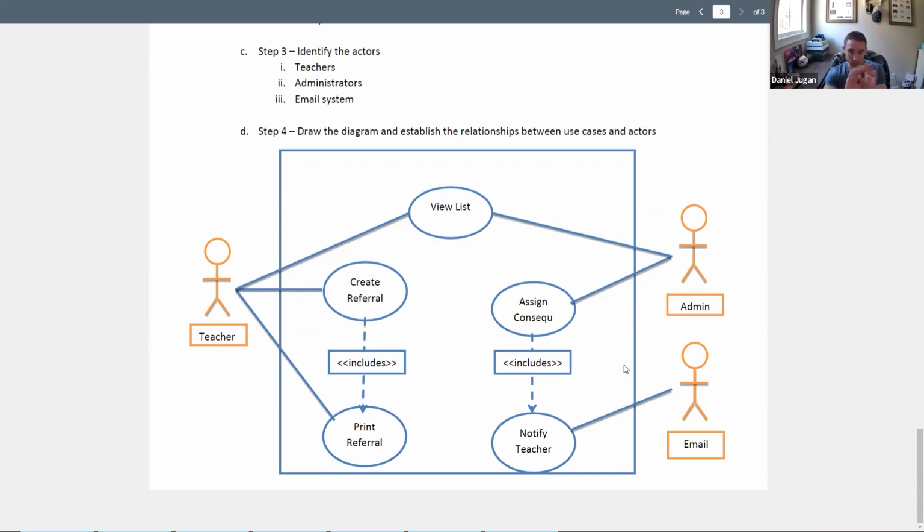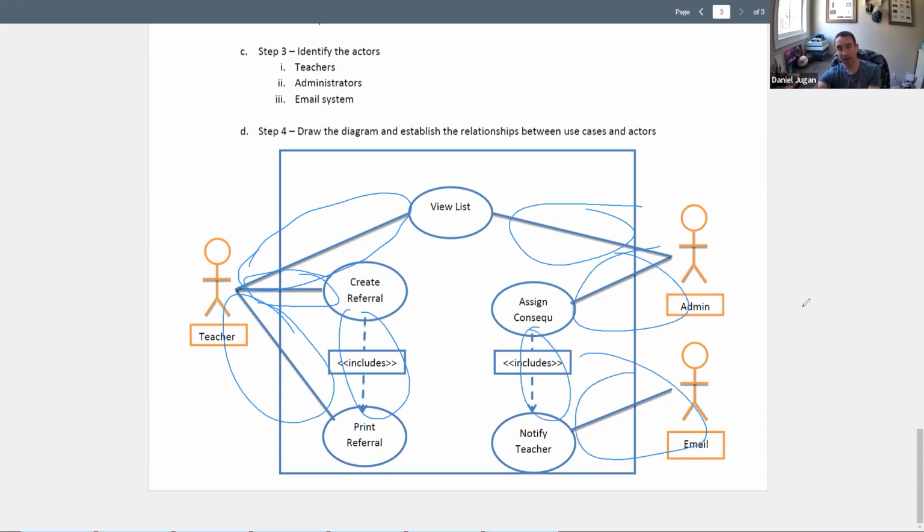Okay, well, that wraps up use case diagrams. Remember, in addition to the drawing, you also need a written description. Essentially, you need a sentence for each line that exists in this. So you would need 1, 2, 3, 4, 5, 6, 7, 8 things that you need to describe.